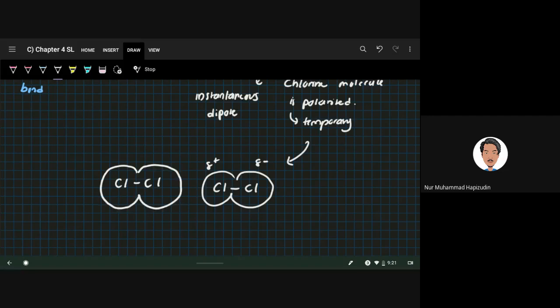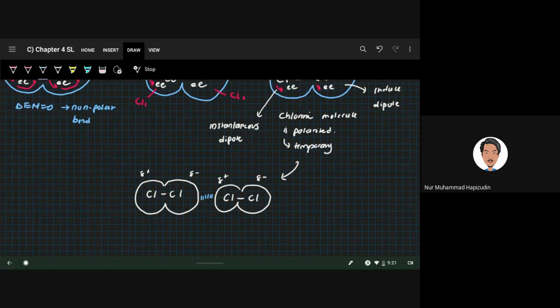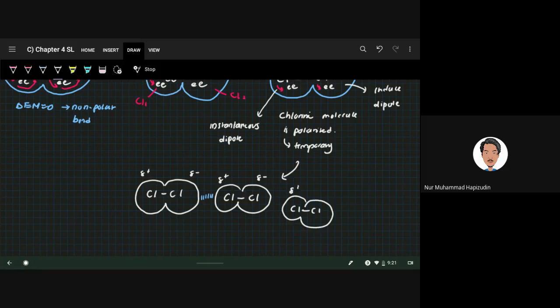It will be attracted to another chlorine atom that has the opposite charge. Okay. Like this. So this chlorine atom is also attracted to another chlorine atom. Okay, partial positive, partial negative.